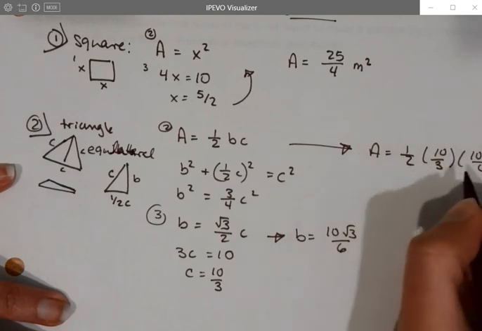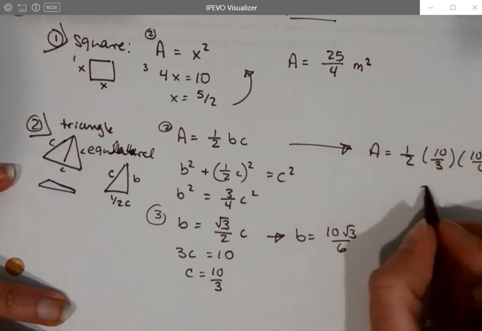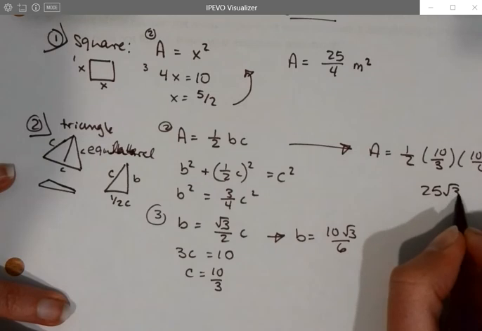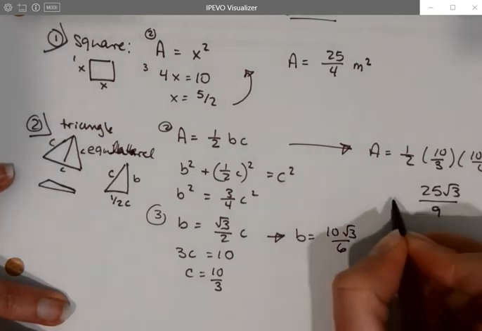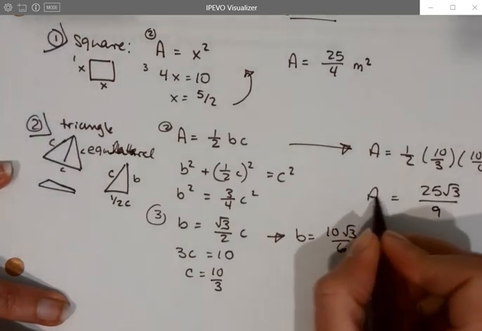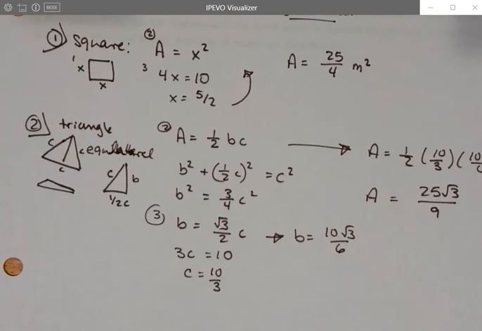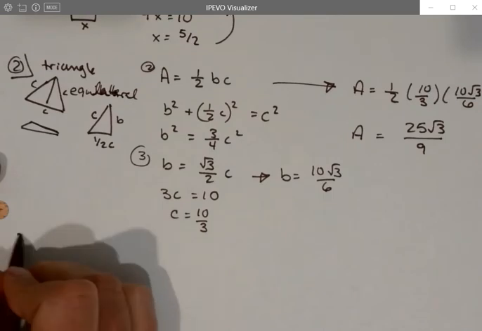That is going to be 25 square root of 3 over 9 if you multiply those together. Okay, so we're able to find the exact areas of these biggest possible shapes because I have so much information constraining them. And then we can talk about our circle as well.